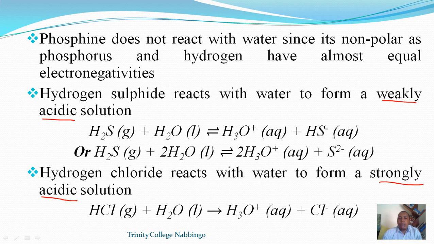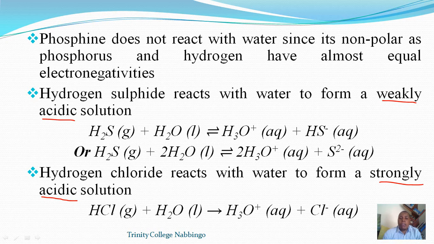The hydrides which are in the middle have a lower tendency to react with water. We have explained, for example, silicon 4 hydride and phosphine. However, as we move to the extreme right of period 3, the hydrides of those elements, that is sulfur and chlorine, form acidic solutions.